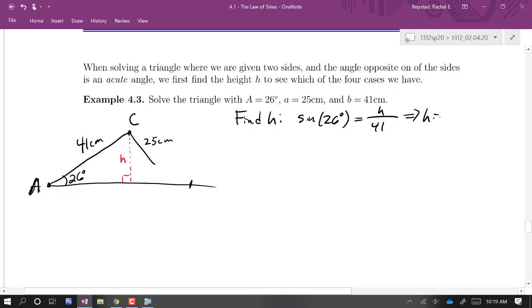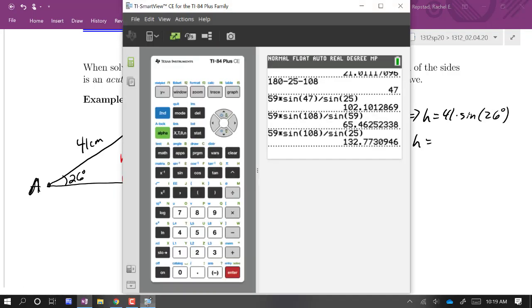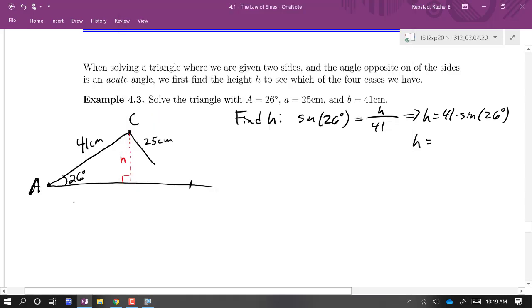So that means h is 41 times sine of 26 degrees, which is 17.8. So what does that tell us?